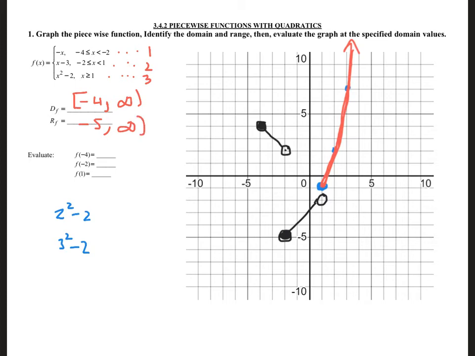Is -5 included? Yes. And now we just need to evaluate the function at -4. When I plug in -4, I get 4. When I plug in -2, I get 2. Remember, we already did those. When I plug in 1, that's how I got -1.